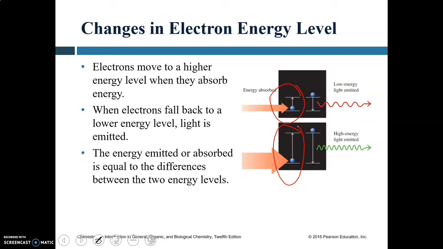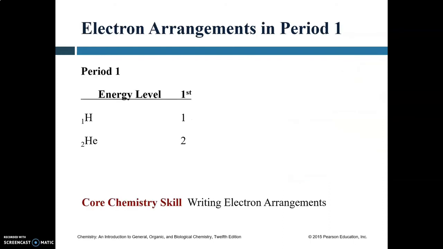When they move back from a higher energy level to a lower one, they're going to emit energy. Depending on the difference between two energy levels, the energy can be high energy or low energy. Okay? So basically, you go up a floor, you need energy to do that. But when you jump from the third floor to the second floor, you're going to emit energy.